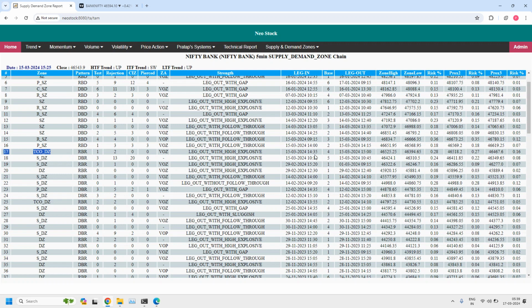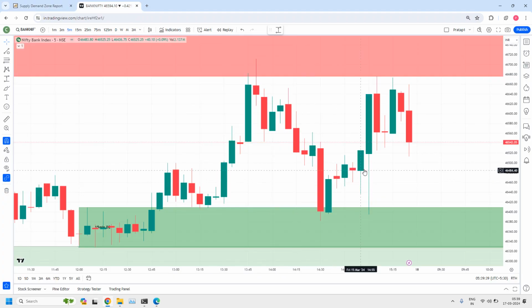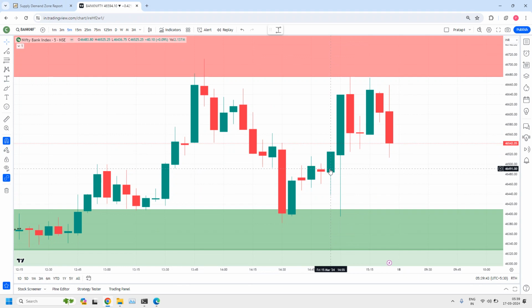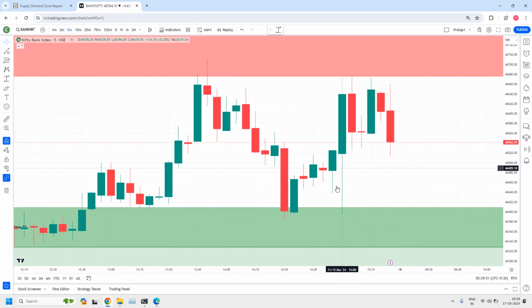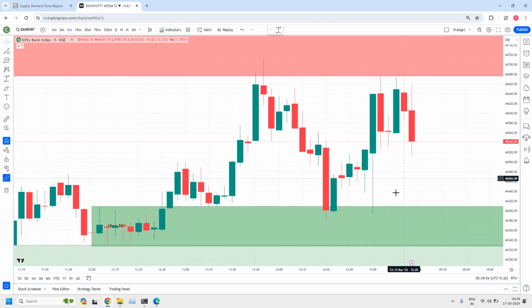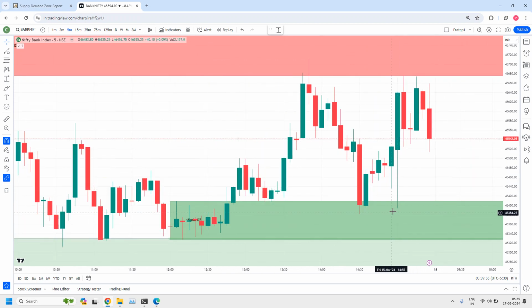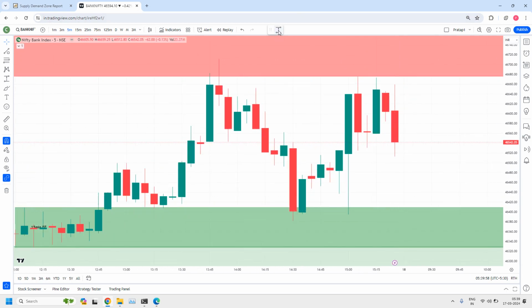15th March, 14:35 candle. So this is the one, 1, 2, 3, 4 base candles. This is the one institutions created a zone like this.